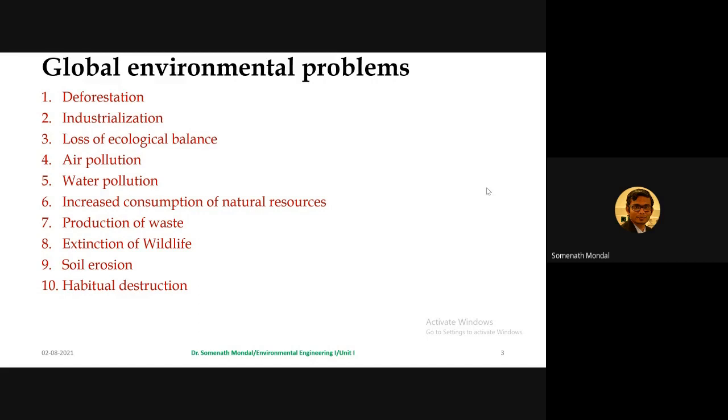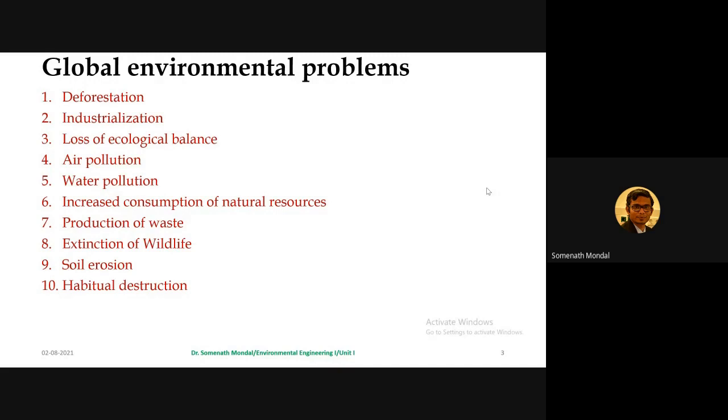So that is one part of industrialization. Dredging, reclamation, creating artificial land is good as long as it does not harm the environment or the marine aquatic life. So those parts are there, loss of ecological balance. Because of deforestation and industrialization, we have the loss of ecological balance.